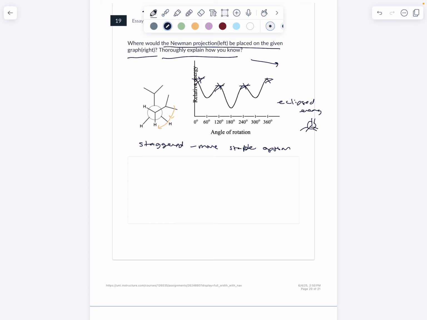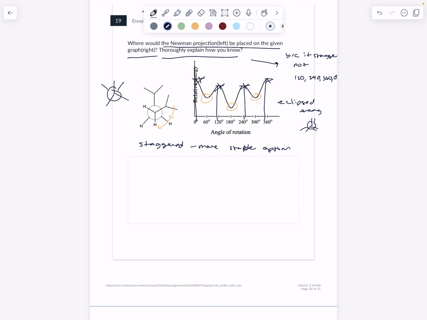Just as a note to myself, because it's staggered, it's not going to be at the 120, 240, 360, or 0. So then that only leaves these 3 positions. And all these are going to be in the staggered position, but the most stable conformation, that's the lowest energy, is anti, where the biggest groups are opposite one another, right?